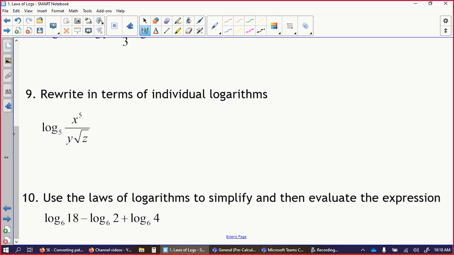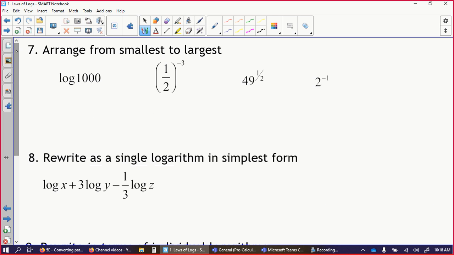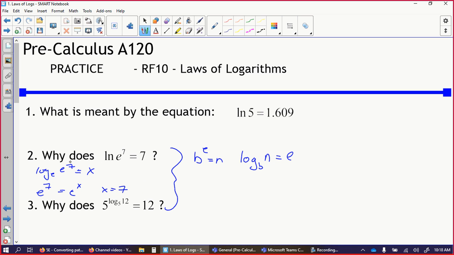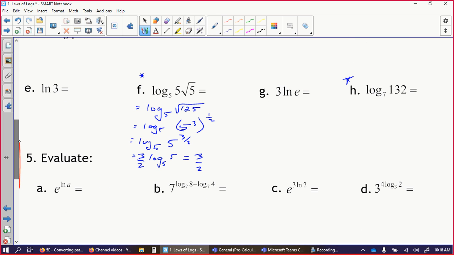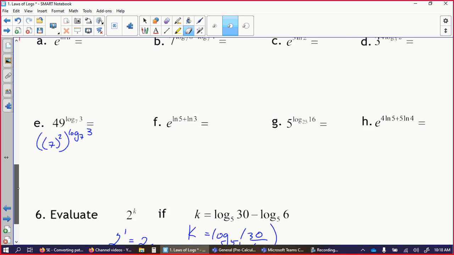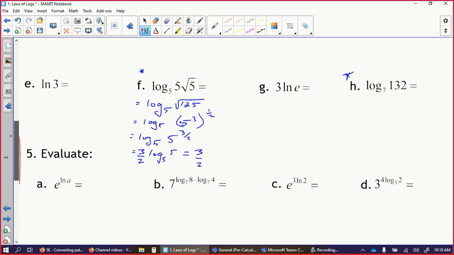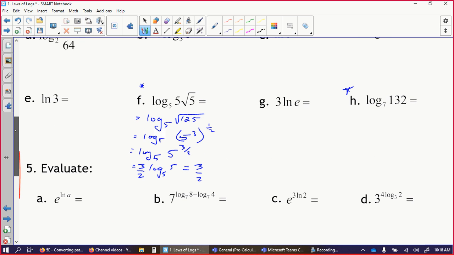So those are there. I will do answers hopefully this afternoon. If it gets really hot and I want to hide in the basement where it's cold, I'll probably go do those. That's the only one that I think I have to show you how to do, because it's not a law of logs, it's kind of a property.